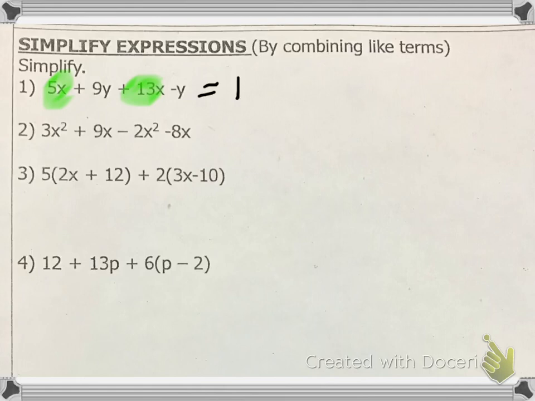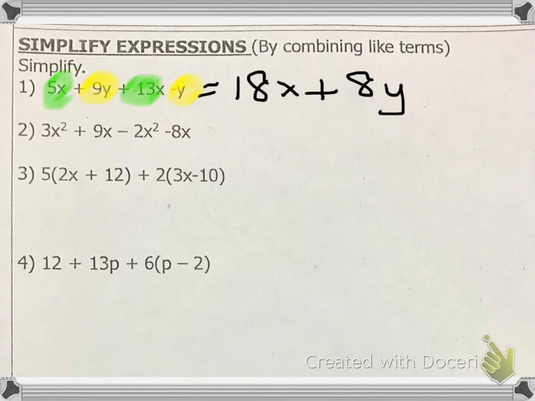That's going to give us 18x. Then we have a 9y over here, and we have minus y, which means we're going to take a y away from 9y. That means we'll end up with 8y. So we're going to add 8y. And we can't simplify it any further because the variables x and y are not the same. So that's the simplest terms that we can go to.